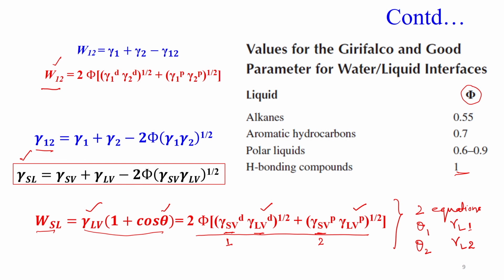If you combine these two equations, we should be able to calculate gamma S dispersive plus gamma S polar, and that is equal to gamma S. In this way we will be able to calculate the surface energy of the solid. So, from the work of adhesion we can calculate the interfacial energy, and again using the Young's equation we can calculate the surface energy of the solid.